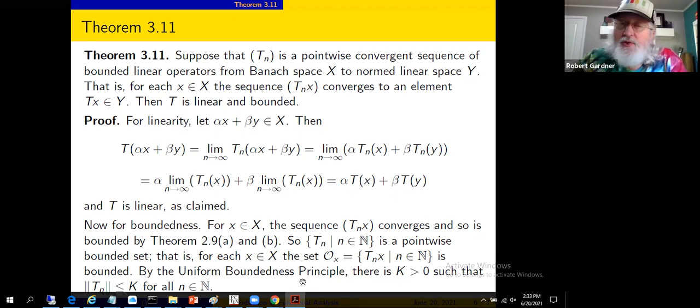But the uniform boundedness principle says if you've got all of these things bounded, then there is a K such that the norm of T sub n is less than or equal to K for all such operators. That is, for all T sub n's in this case. So there's the application of the uniform boundedness principle. We've got the O sub X's.